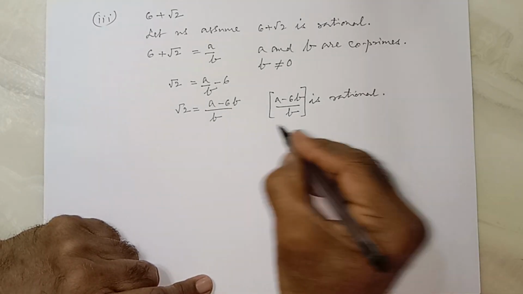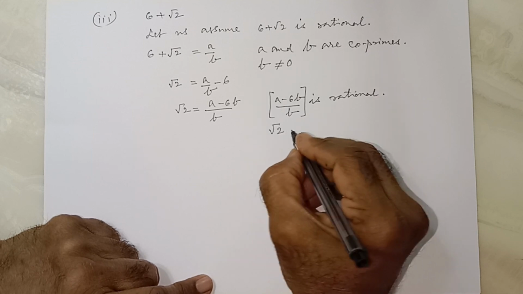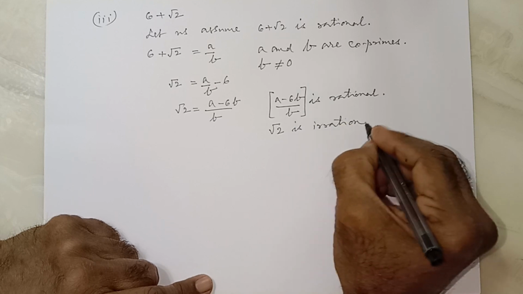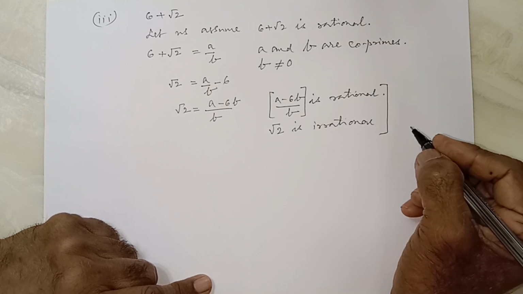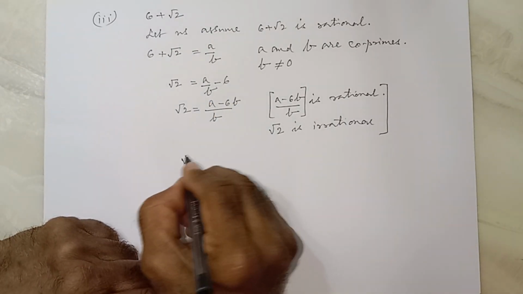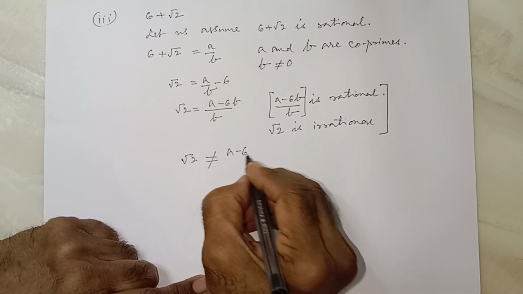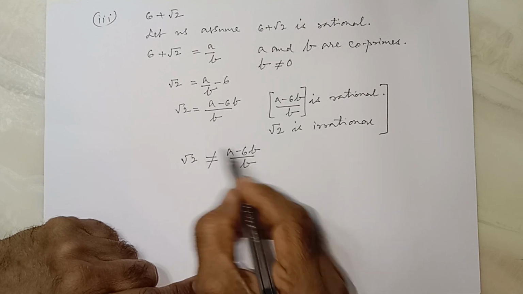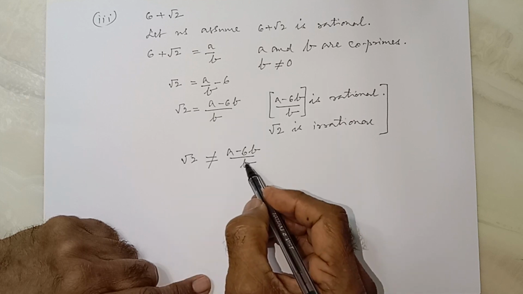The whole thing is rational. Also, root 2, we have already done it, root 2 is irrational. Now, these are the conditions that help us to prove that this number is irrational, because root 2 cannot be equal to a minus 6b by b, which is rational, while the other one is irrational. Irrational cannot be equal to rational.